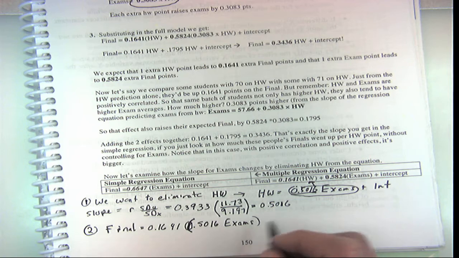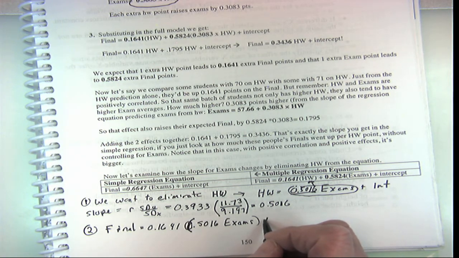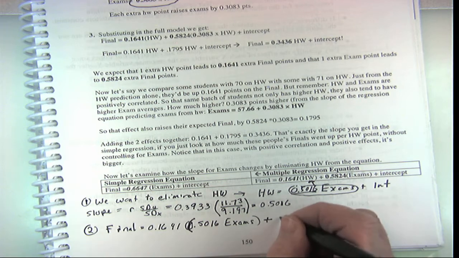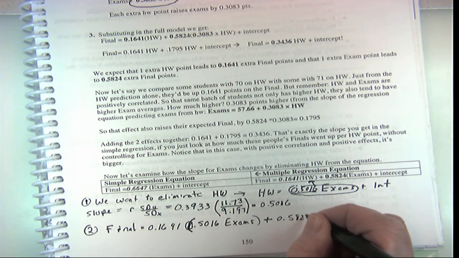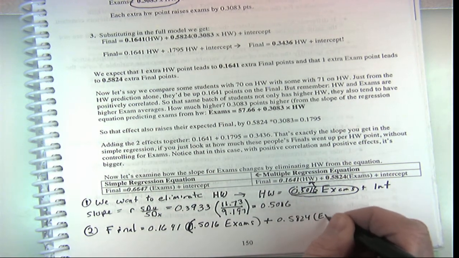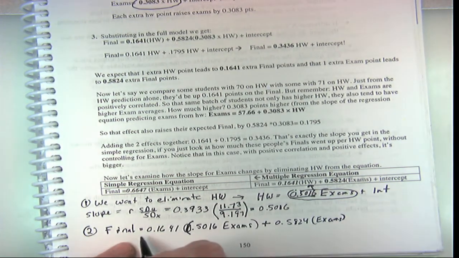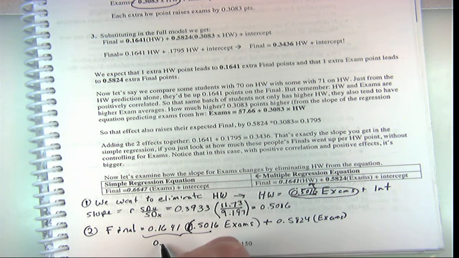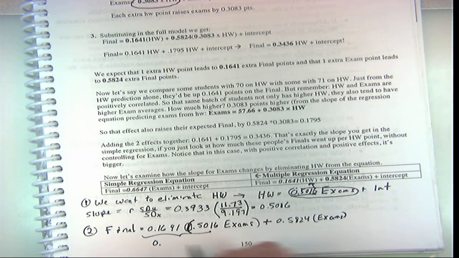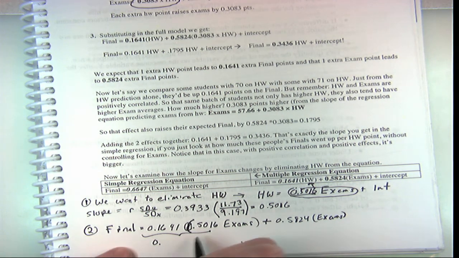0.5016 times the exams. That plus what? 0.5824 times exams. So now when I multiply those two together, I get... What do I get?